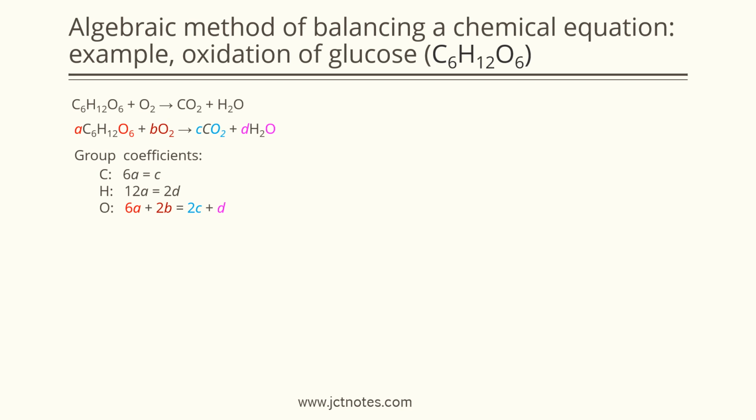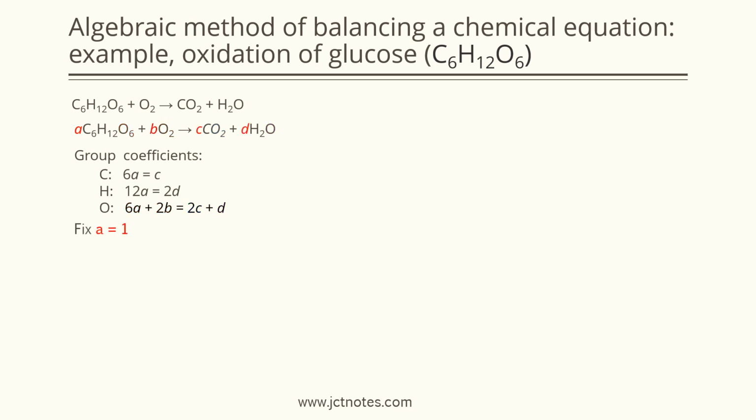As we have C molecules of carbon dioxide and D molecules of water, we have 2 times C plus D atoms of oxygen in the products. We made equal the atoms of oxygen in reactants and products. This means 6 times A plus 2 times B equal to 2 times C plus D.